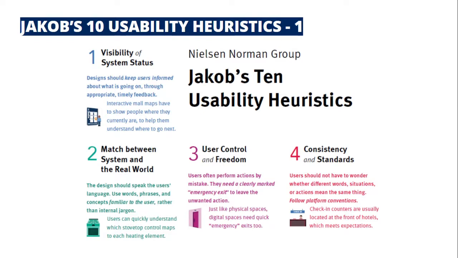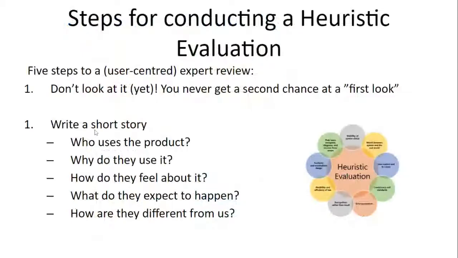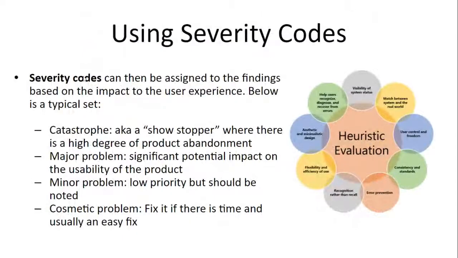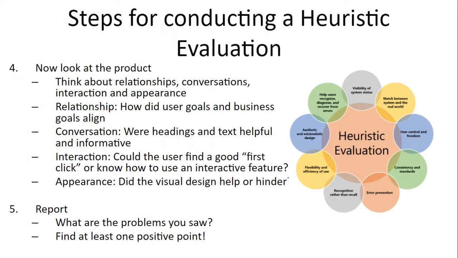User control and freedom can also be major to high severity. There is not one way of defining severities. You just pick one, but you need to understand that it's there so that you can guide your client to what they really need to fix. Brand, images, color, I would usually have a tendency to report as low impact.